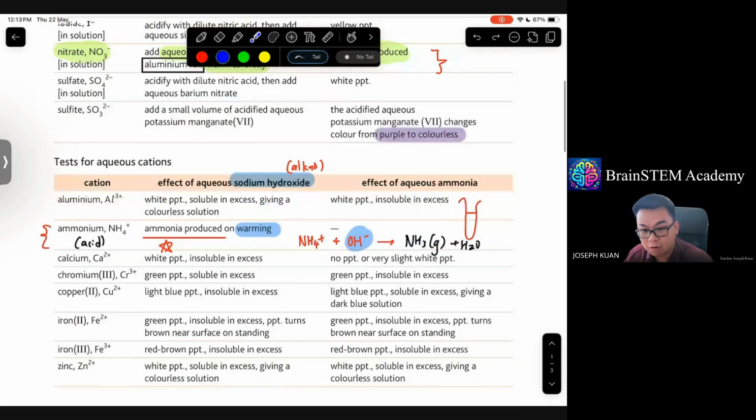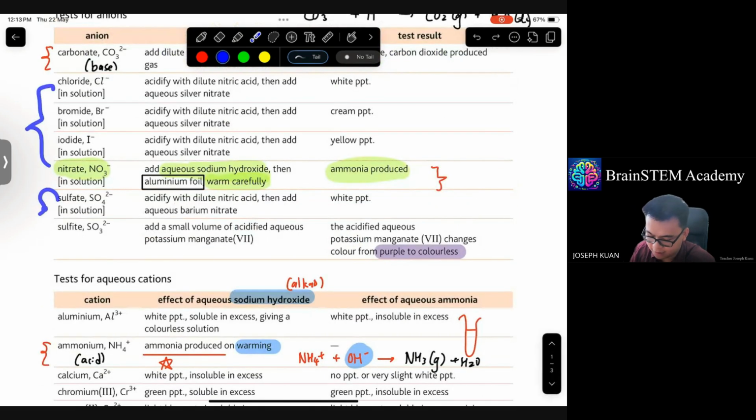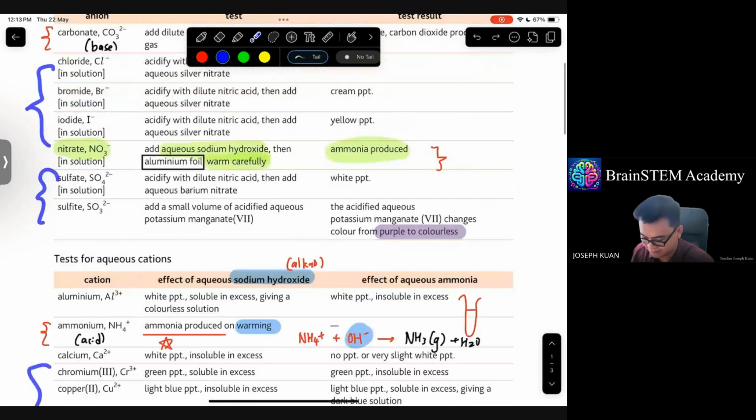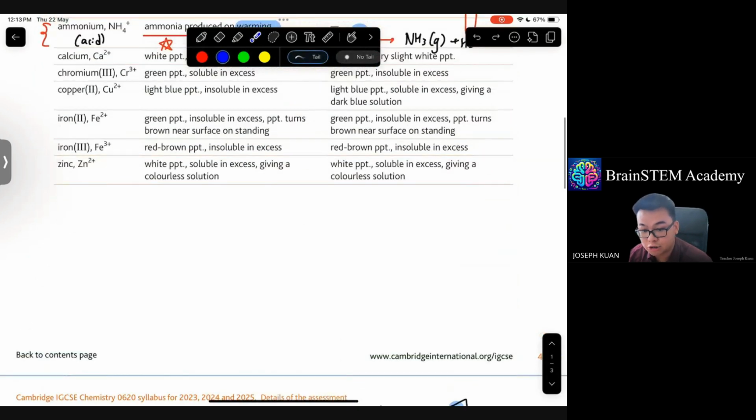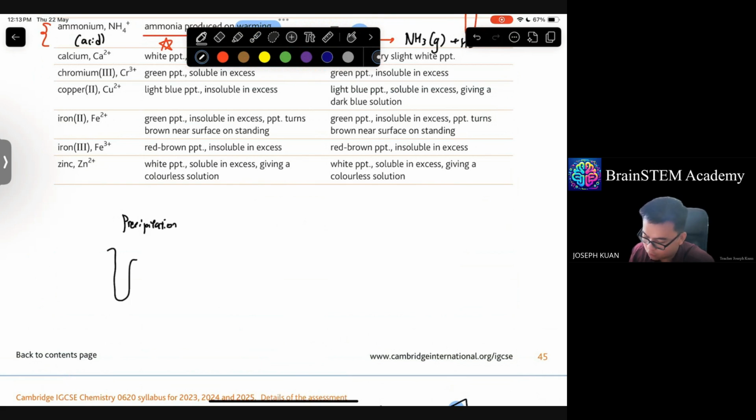Now, here comes the terrifying part to most students. The rest are pretty much all precipitation reactions. Okay, what's a precipitation reaction? A precipitation reaction refers to usually when two solutions mix together, and we see that it forms a solid in the solution.